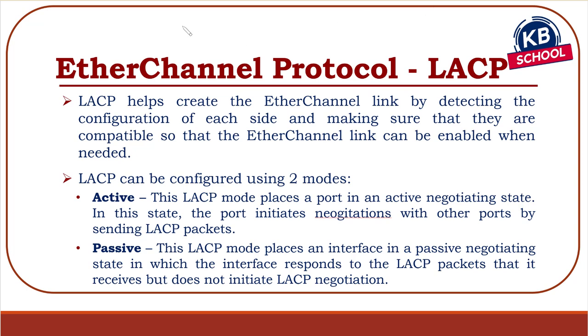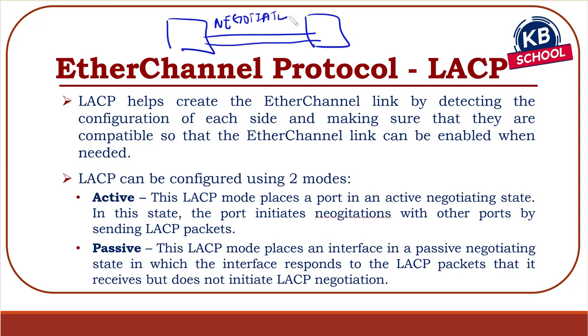One way is telling the switch that when you come up and the ether channel has been configured, it will try to actively negotiate the ether channel. So it actively looks for a peer on the other side using LACP. This mode is called active. In this, the port actually tries to go to the other port and says what? I misspelled this. Let's fix this over here.